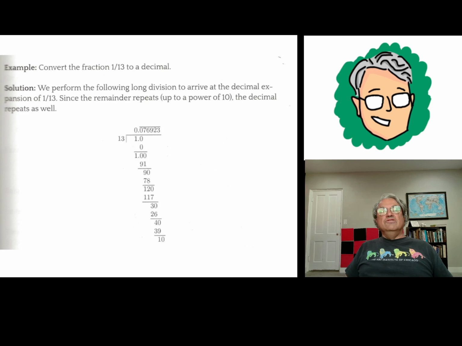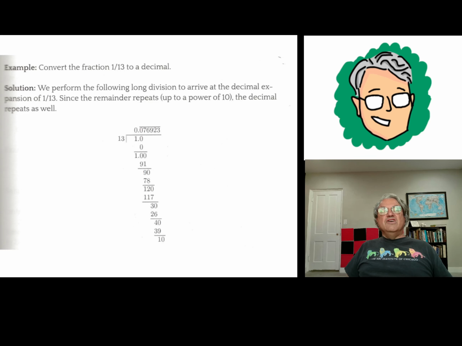So now we look for the largest multiple of 13 that's less than 30, and that's 26. Since that's 13 times 2, we write a 2 upstairs. Then we subtract 26 from 30, that gives us 4, and we bring down another 0, that gives us 40. And this time we can subtract 39, which is 3 times 13.